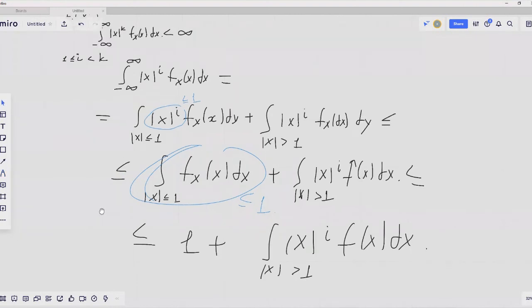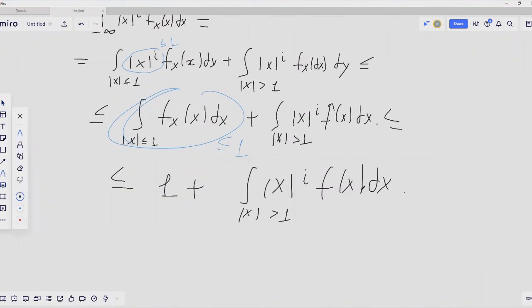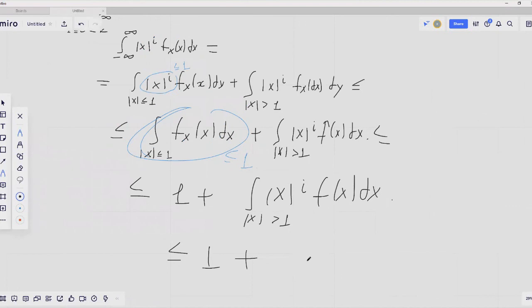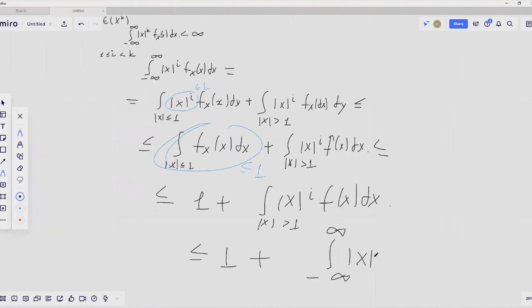Now, this is less than or equal to 1 plus an integral from minus infinity to plus infinity of absolute x to the power of k, f of x dx.